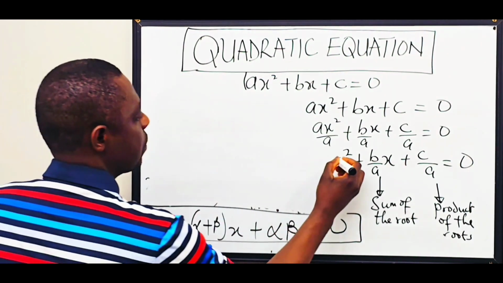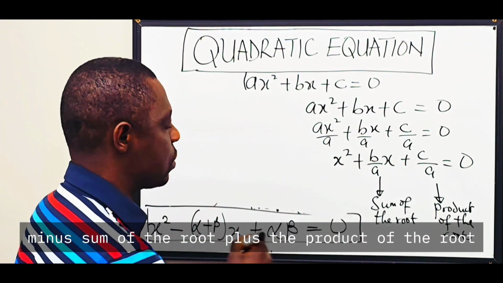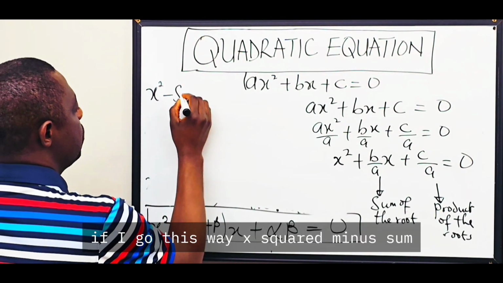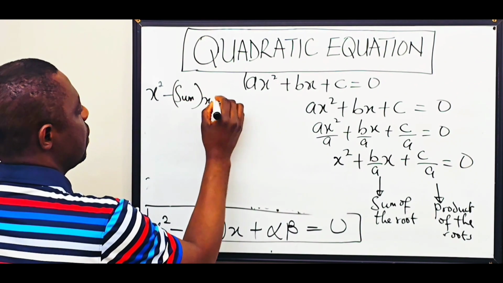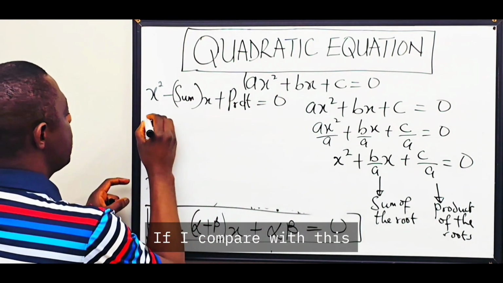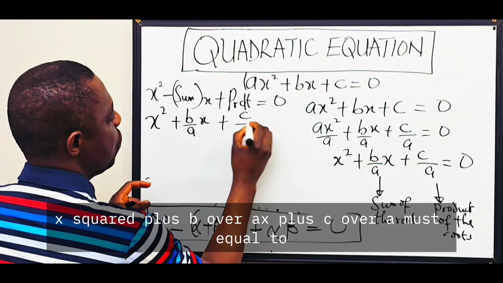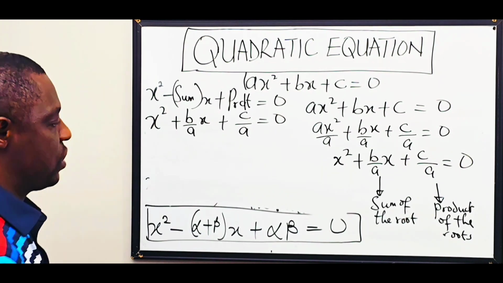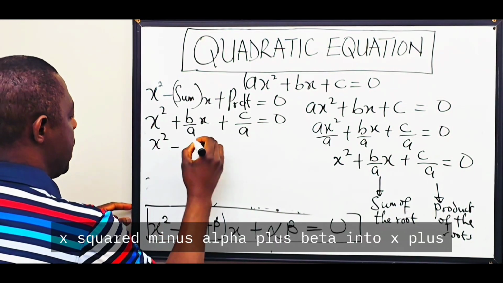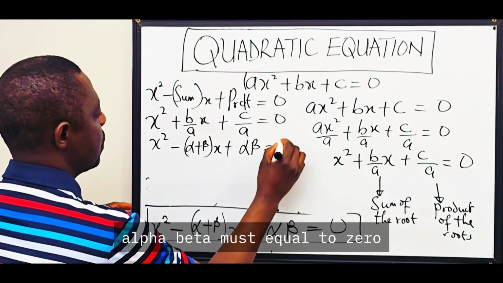So we know that x squared minus sum of the roots plus product of the roots equals 0. If I compare with this, x squared plus b over a x plus c over a must equal 0. If I now compare with this one also, x squared minus (alpha plus beta) into x plus alpha beta must equal 0.